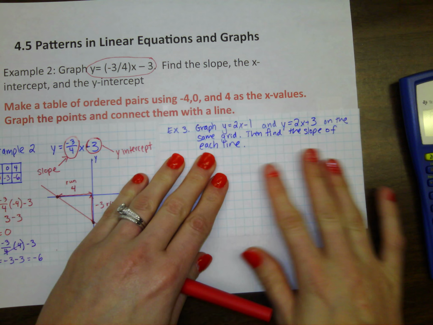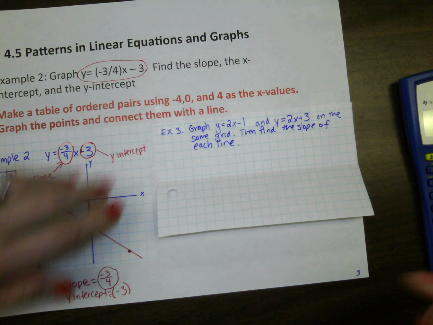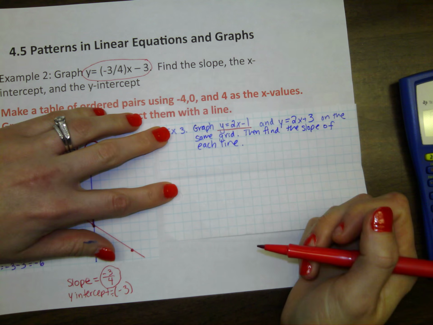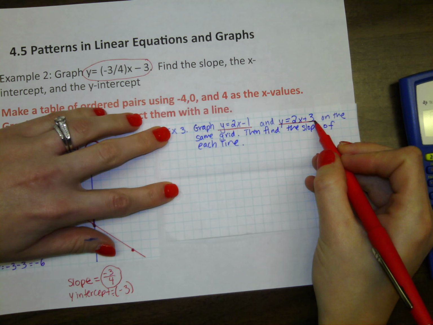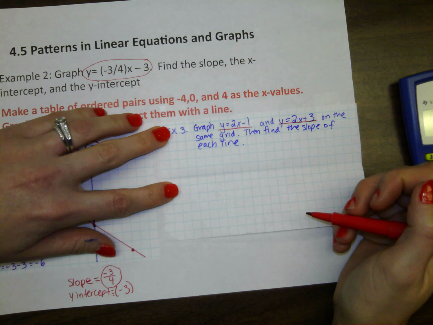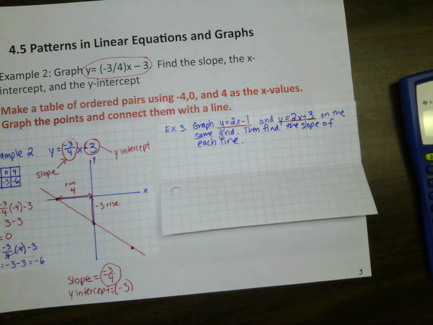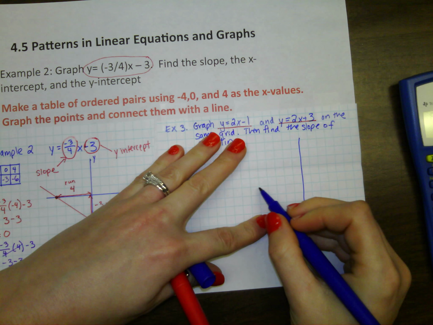This here, this number, represents our y-intercept. And this equals our slope. That's just something to keep in mind, because you're going to notice as you see more and more of these, you should be able to have a better understanding of what this graph and slope is going to look like before you even plot the points and draw it.